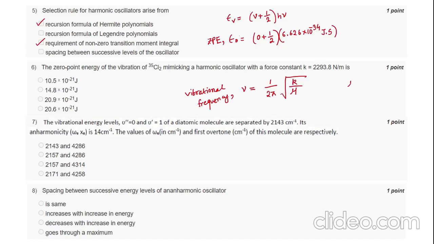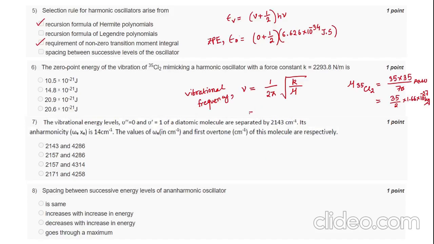So what is the reduced mass? Your molecule is given as 35Cl2. So you know what you have to do, 35 into 35 by 70, actually 17.5 AMU, atomic mass unit, or Dalton. Now I will take it in kilograms. 1 AMU is that much kilogram, so I will put this value here.